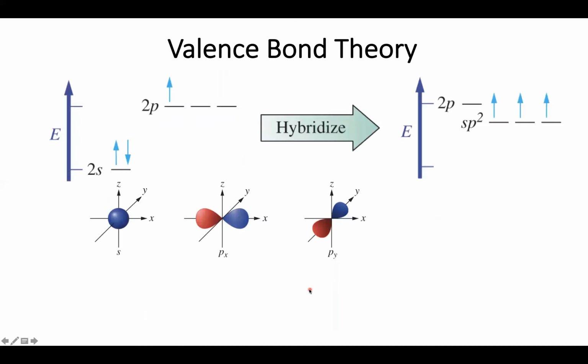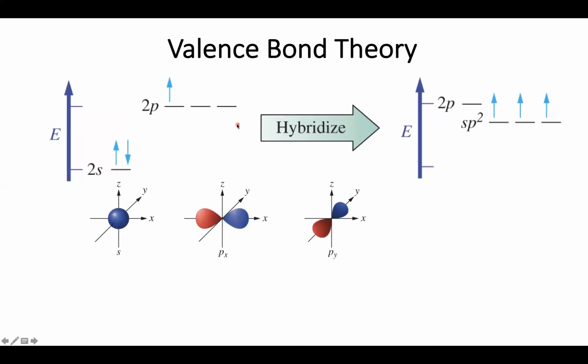Now let's take a look at it more from this energy perspective. So the p orbital energy won't change because it stays a p orbital. Now the sp2 orbital energy is going to be somewhere in between the low favorable s energy and that high unfavorable p energy. But because I have more p character, I'll be a little bit more similar to a p orbital in terms of my energy.